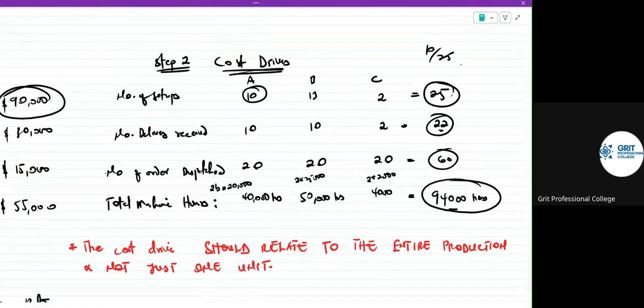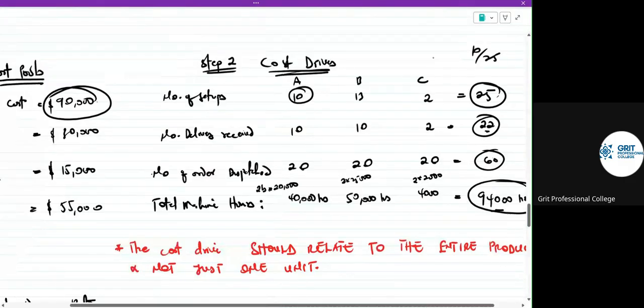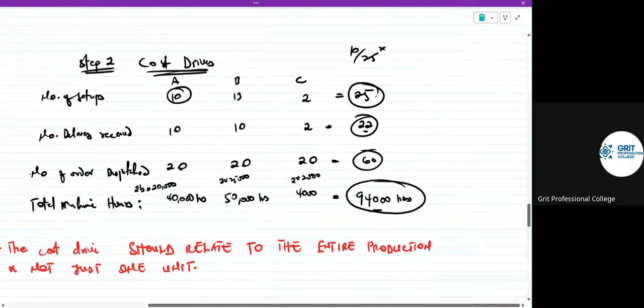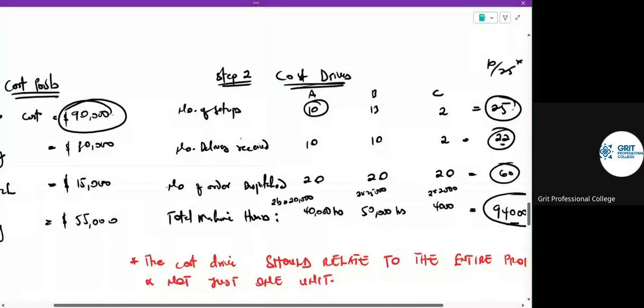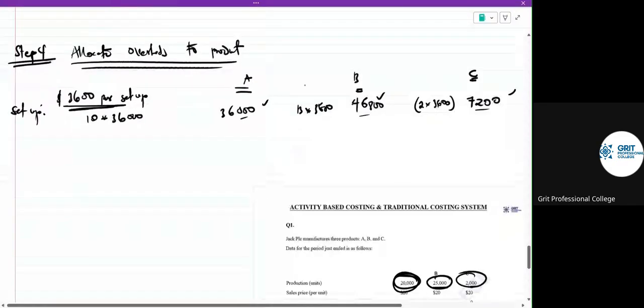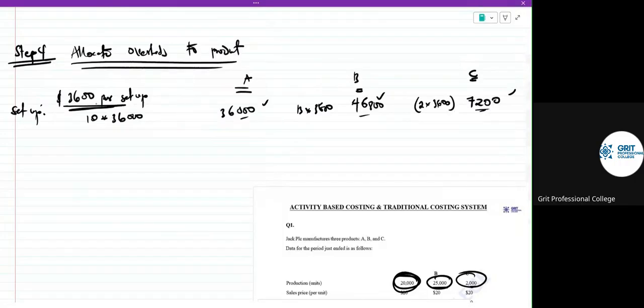So 10 over 25 by the 90,000 will give us the cost allocated to A. B contributed 13 out of the 25, so for B, it will be 13 over 25 by the 90,000. When you do it this way, you arrive at the same figures. But we want to use the cost driver rate to do the allocation. That is why I'm going about it this way.